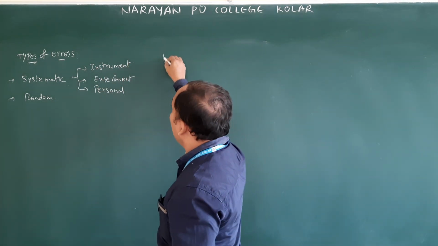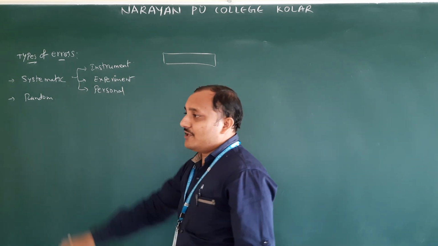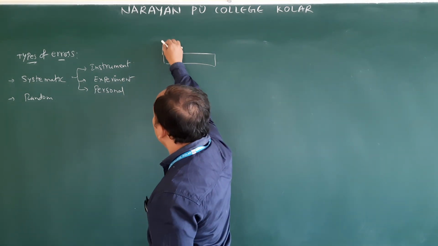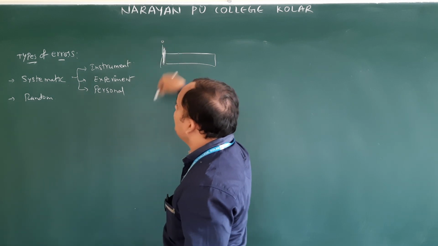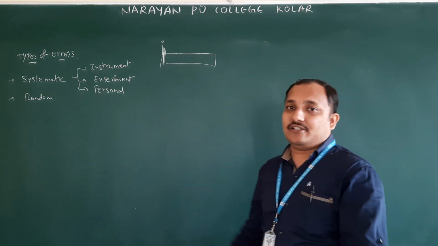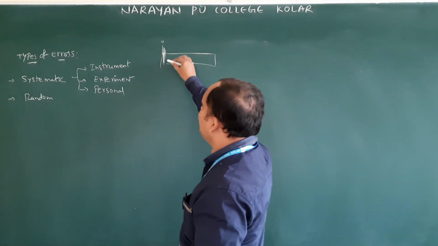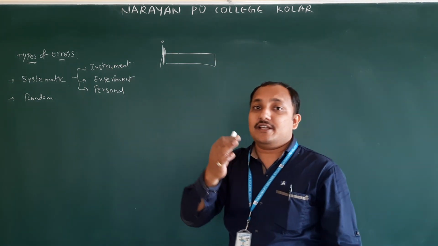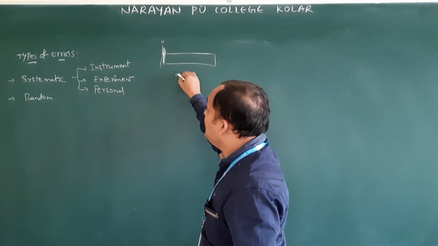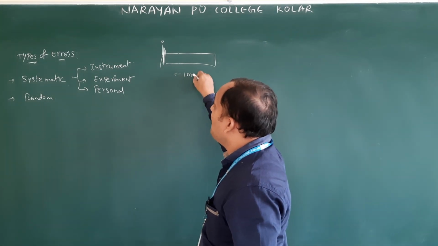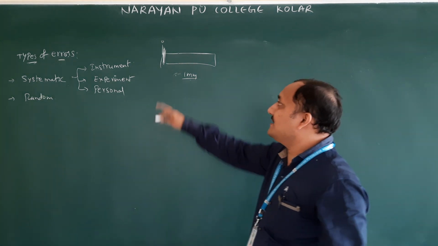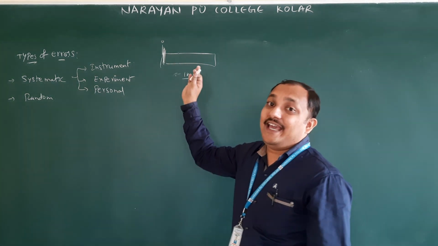Instrument means, whenever we use a scale, in our lab we are going to use a wooden scale. Initially the 0 mark is there, but by use it gets erased. You can't see the 0, yet we measure length from the starting point. Then the starting point is already rubbed off, and you will always get 0.1 or 1 millimeter less length. Why less? Because one reading is already erased.